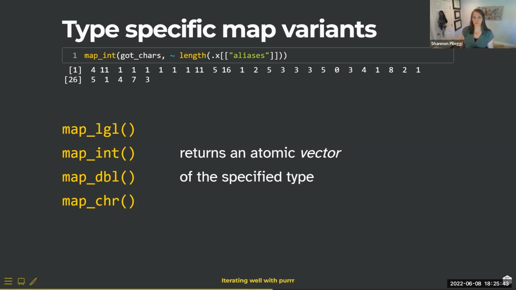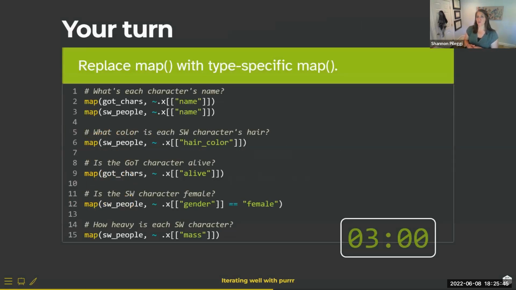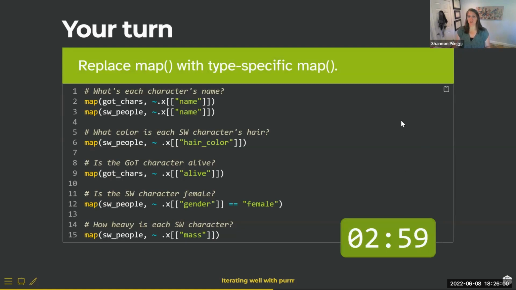And so now your objective for each of these: remember, you can copy the code using this little clipboard here, and you can grab it from my slides links that's shared in the Google Doc. Why don't you take a few minutes and see if you can replace maps with the type-specific variants.